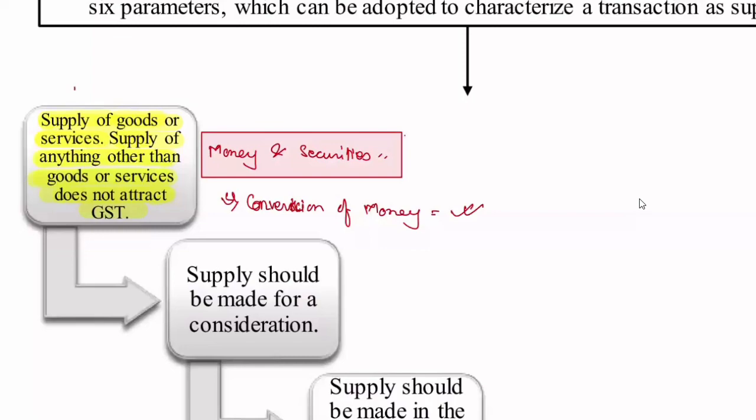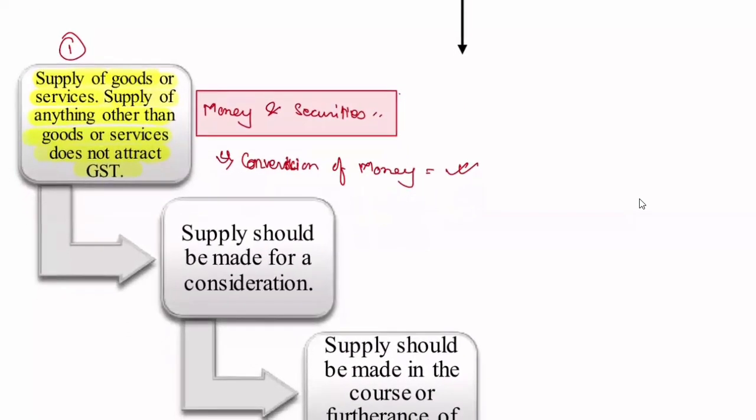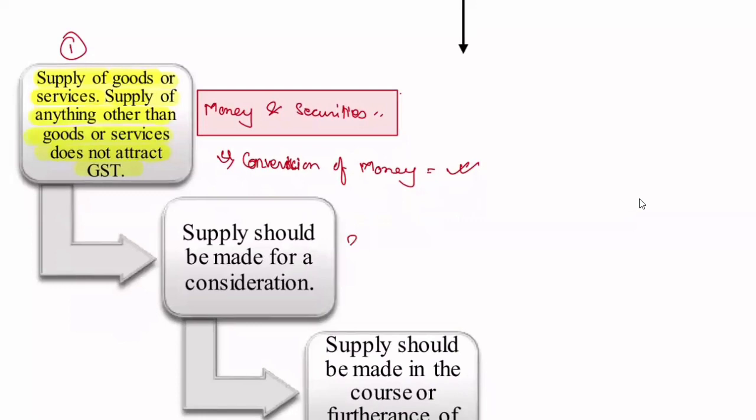So this was our first parameter. The second parameter says that supply should be made for consideration. What is consideration? Group 1, have you read in law? Yes, everybody: something in return, quid pro quo. Maybe in cash, maybe in kind. So supply should be made for a consideration.